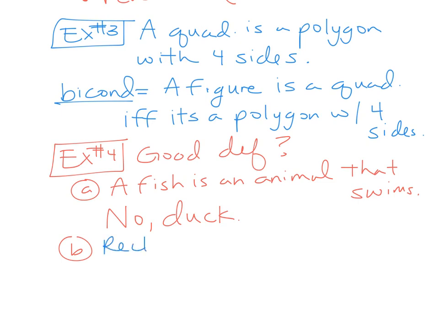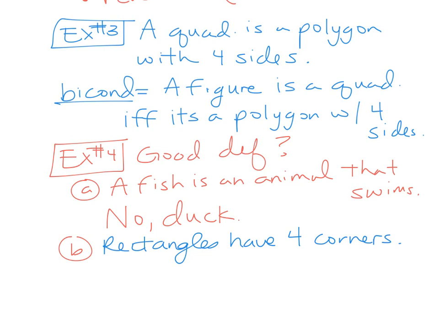How about this? Rectangles have 4 corners. Okay, I'm not asking if it's true. I'm asking, is it a good definition for a rectangle? Why? Well, a square is a rectangle, right?